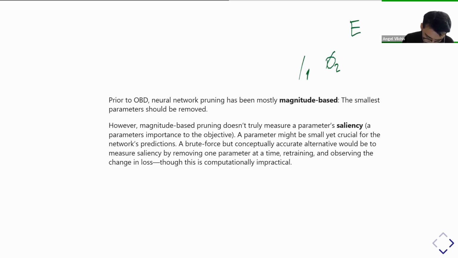So that's the problem with magnitude-based pruning. There's no real proof behind that being the best option. Saliency is a parameter's importance to the objective, and that's what we want to measure for each parameter. Therefore, we remove the parameters that have the least saliency, the least importance.